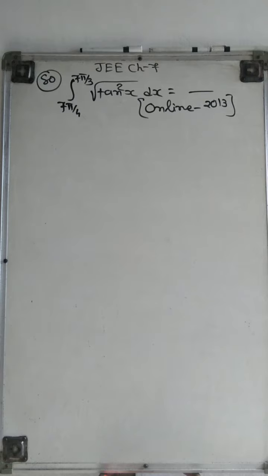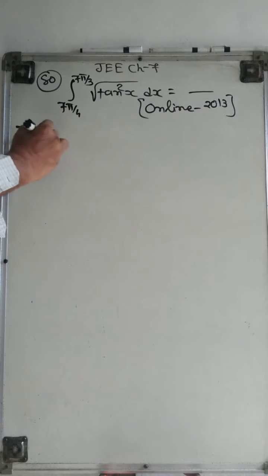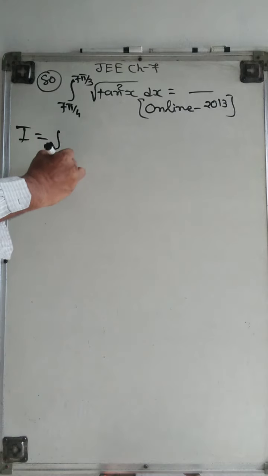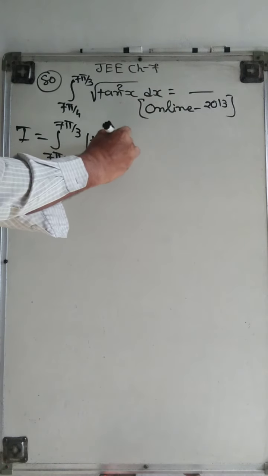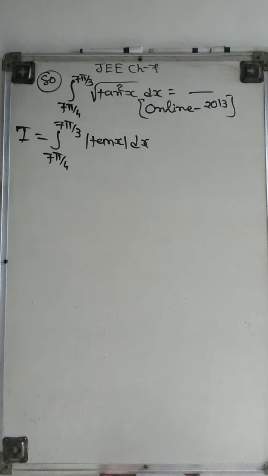Next, question 18: the integration from 7 pi by 4 to 7 pi by 3 of root tan square x dx is equal to dash. So here I equal to the integration from 7 pi by 4 to 7 pi by 3 of mod tan x dx. Now 7 pi by 4 to 7 pi by 3 both lie in the 4th and 1st quadrant.